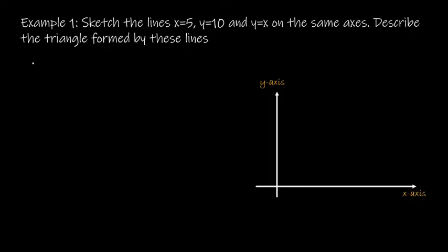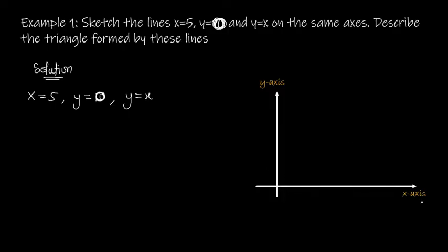All right, so we have here our solution. So we have the lines x is equal to 5, y is equal to 0, and then the last one is y is equal to x. All right, so since we have these given, we can go ahead and label our Cartesian plane.